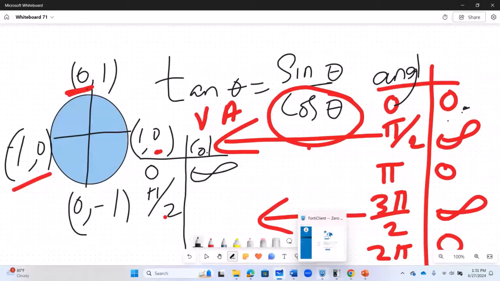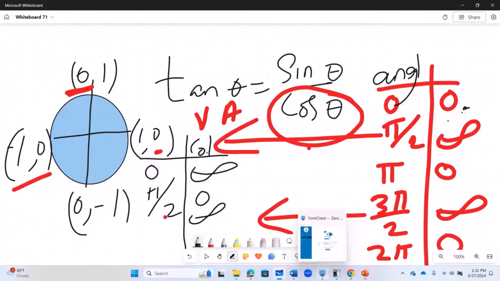And right here, we're not worried about that because cotangent of 90 is 0/1, which is 0. Cotangent of 180 is cosine over sine, which is undefined also, and so on.